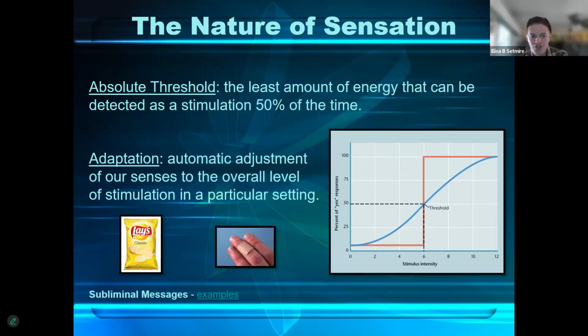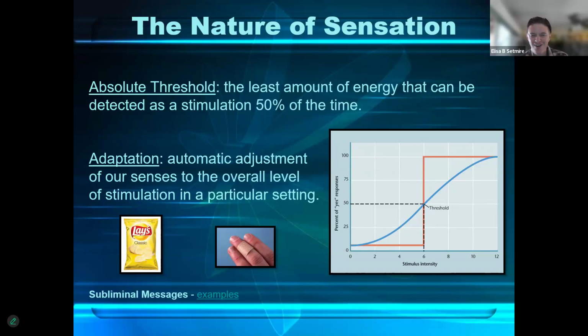It's an automatic adjustment of our senses to the overall level of stimulation in a particular setting. So think about, for example, if you had a Band-Aid on your hand, you would be very aware of that Band-Aid for a period of time, but after a certain period of time, it's like you get used to it. Your body adapts to it and you no longer notice its presence. Think about a bag of salty potato chips.